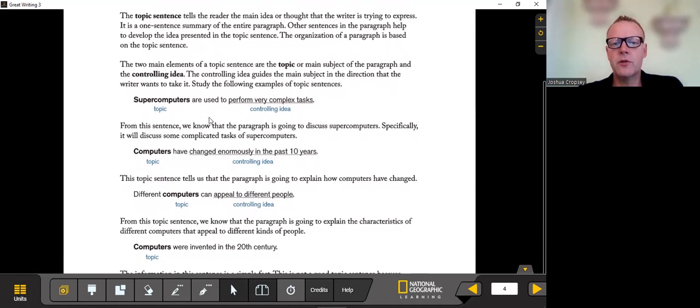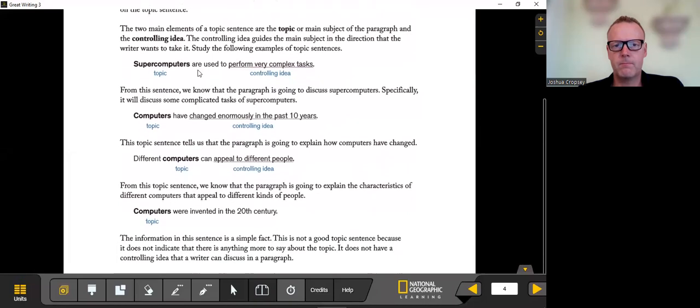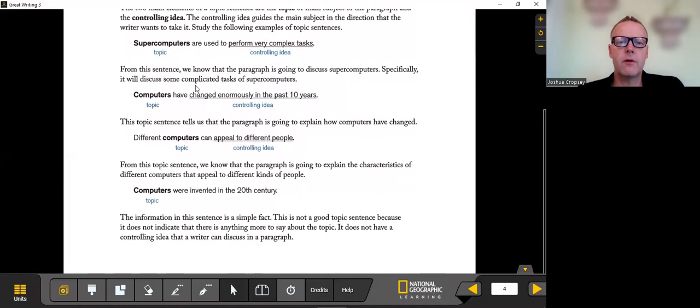Okay, here's example number 1. Supercomputers are used to perform very complex tasks. So your topic in that situation would be supercomputers, and perform very complex tasks is the controlling idea. From this sentence, we know that the paragraph is going to discuss supercomputers.